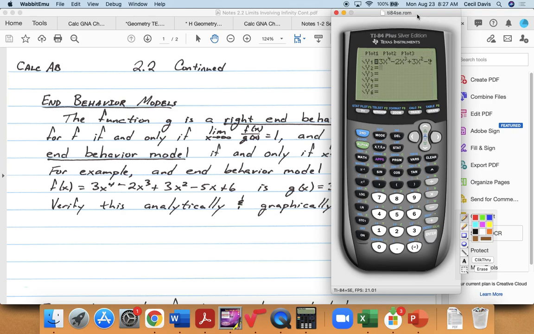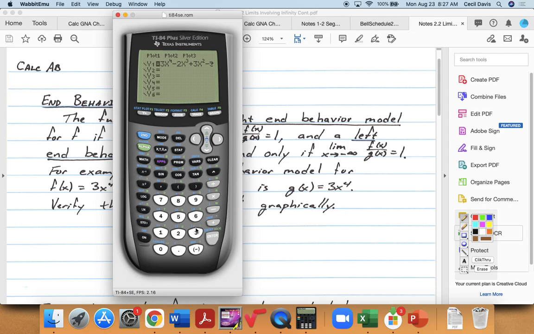And the other one is 3x to the fourth. And I'm going to do a zoom standard just to start.